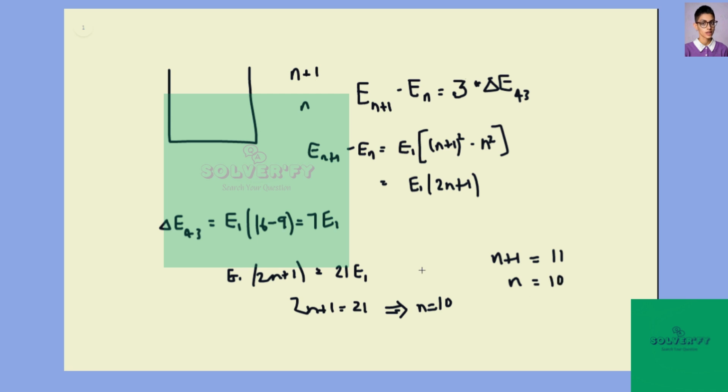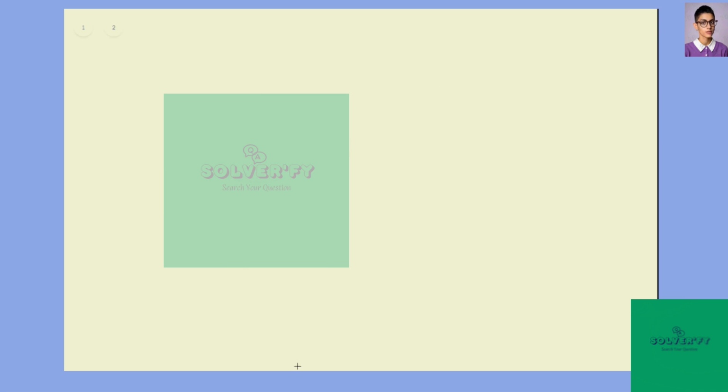Now we move to the other part. In the next part, we need to show that there cannot exist any quantum number such that the energy difference between E(n+1) and En is equal to 2 times delta E43.